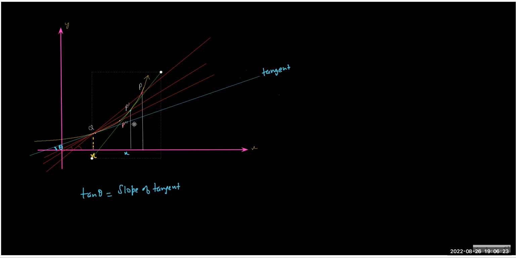So which slope is steeper? Can you check the steepness? Then you check the steepness at Q and P dash. So which slope is steeper? This or this? P dash.